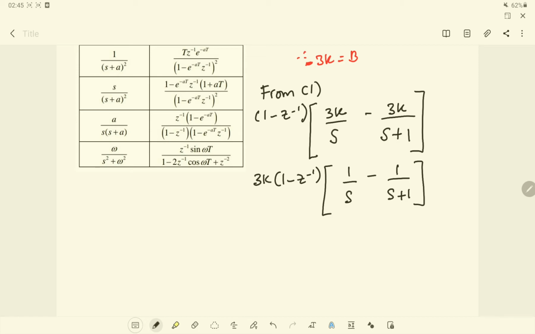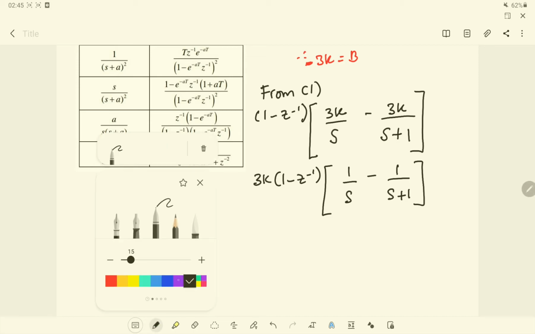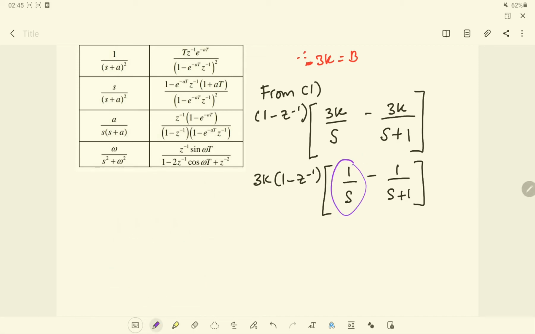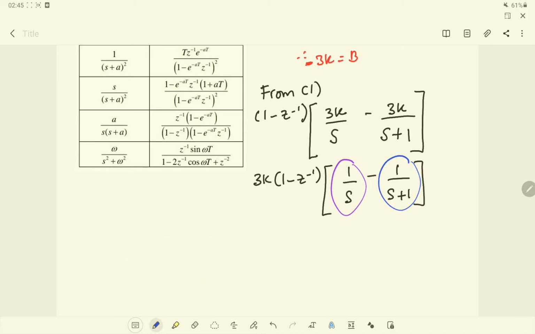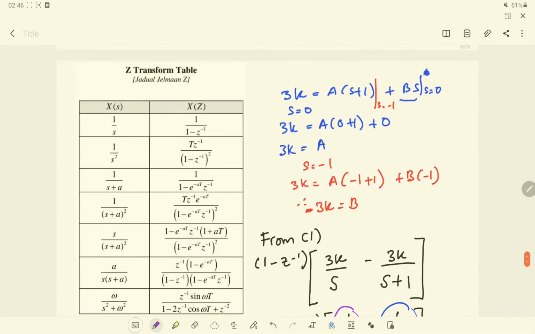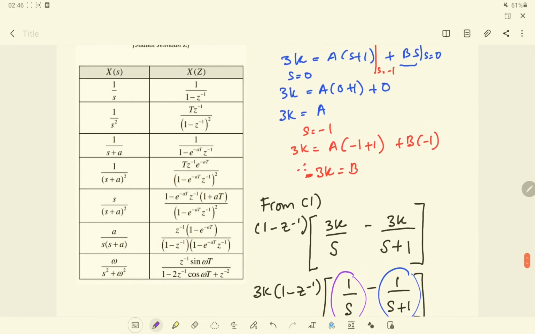Now we want to compare with the Z transform tables. Let's change color a bit: here is purple and here is blue. For purple, we refer to the Z transform of 1 over s, which is equal to this equation if you want to convert to Z transforms.